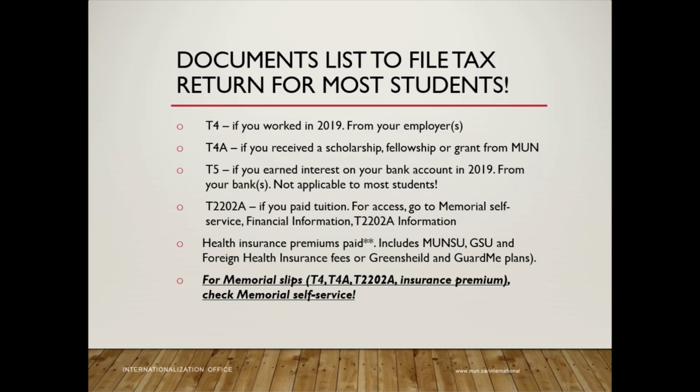The second is the T4A. This is if you received a scholarship, fellowship or grant from MUN. Sometimes students do receive fellowships or grants from external agencies, and in that case you will need to contact that agency for the documentation. They may send it to you directly, they may send it to your supervisor, or they may not send it.